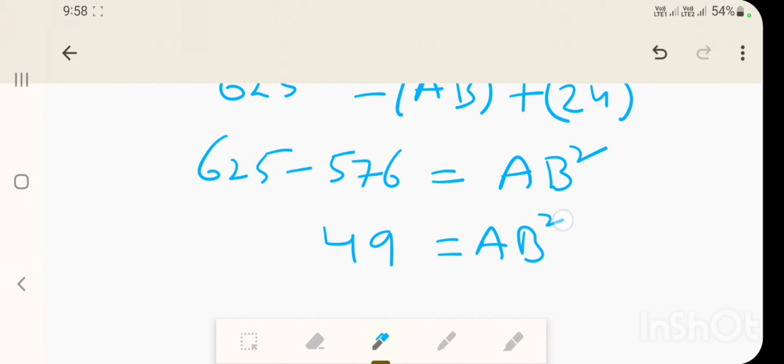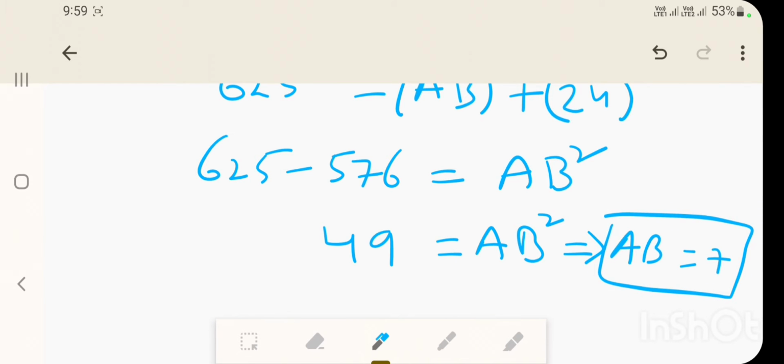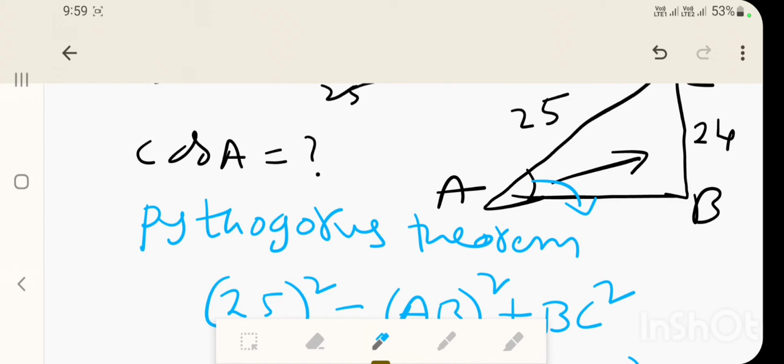That is equal to AB square. So from this we get AB is equal to 7. As we know 49, we can write 7 square. Both the side squares will get cancelled and we get AB is equal to 7. Okay, so we got adjacent side length AB is equal to 7 centimeters.